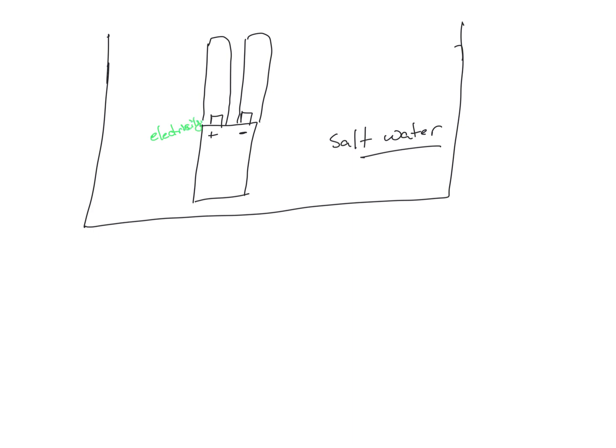I wish you'd watch, because you're going to be confused on Thursday if you're not paying attention. Electricity. The electricity is going to break the water up. H2O will get broken up into hydrogen gas and oxygen gas.